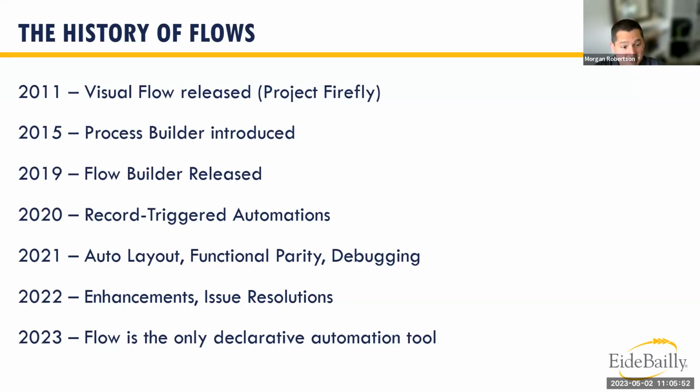And you can notice that here the timeline really speeds up. We go from 2019 with Flow Builder released to now Flow Builder has record triggered automations, both synchronous and asynchronous. 2021, you get the auto layout, love it or hate it, it's here to stay. In 2021, they hit feature parity with Process Builder. Anything you can do in Process Builder, you can do with Flow Builder now as well.